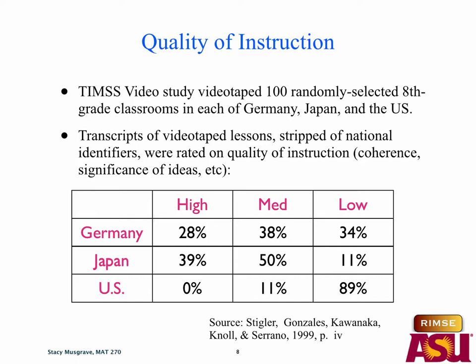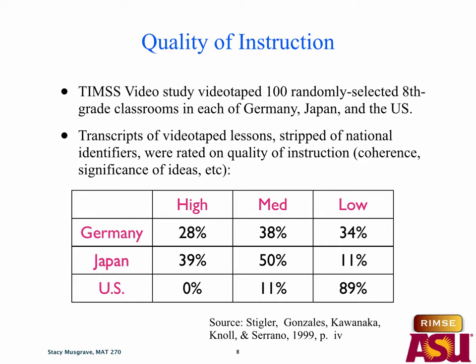Take a look at this table, you guys. Germany and Japan have relatively high percentages of high quality instruction, and it's sort of a distribution that you would expect, right? But then you get to the US. 0% high quality instruction. Wow, right?